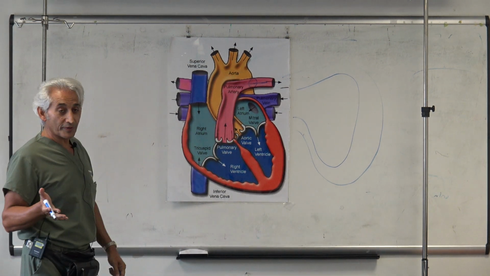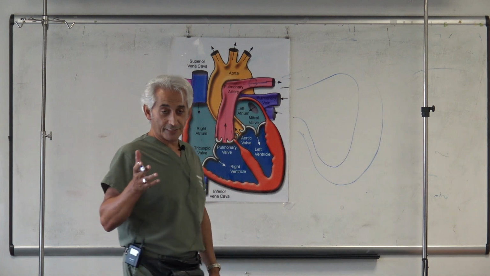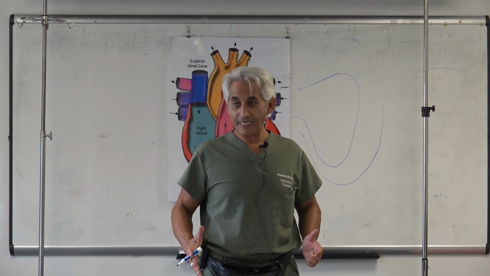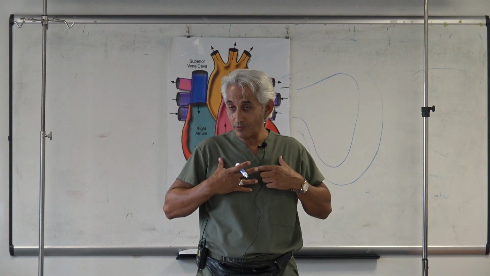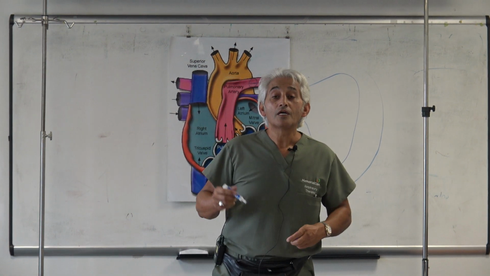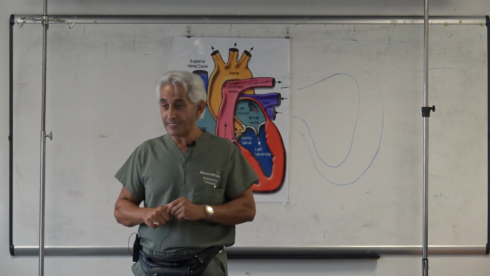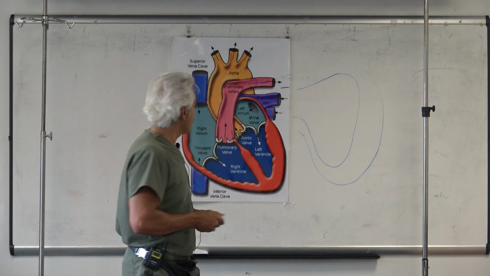So cardiac index is based on what? Your BSA, body surface area, the size of your body. So cardiac output divided by BSA, the body surface area.